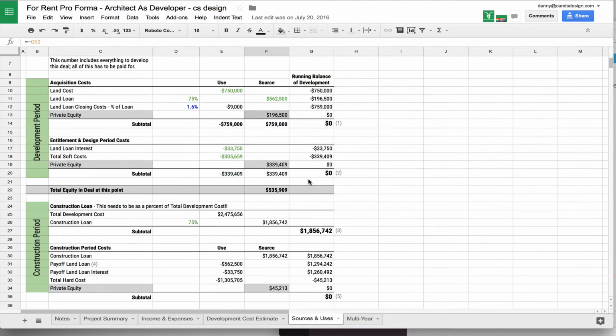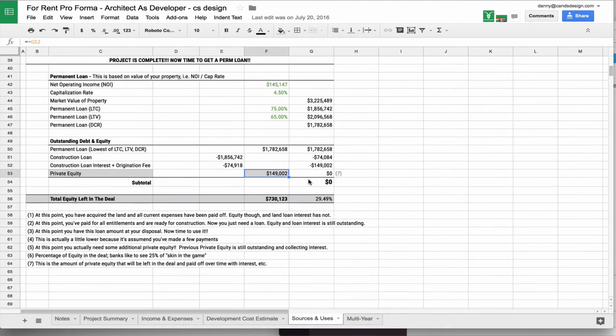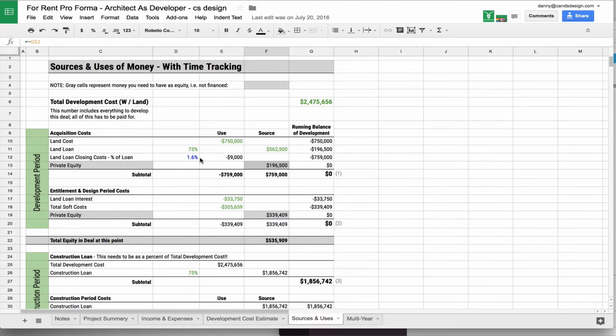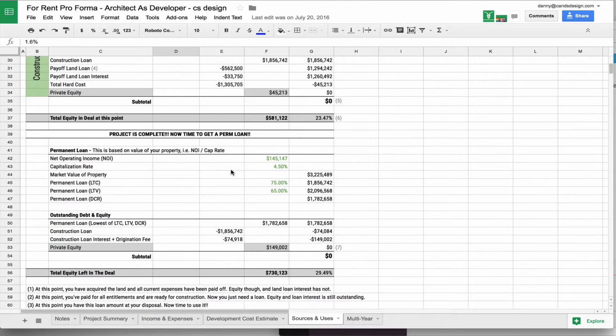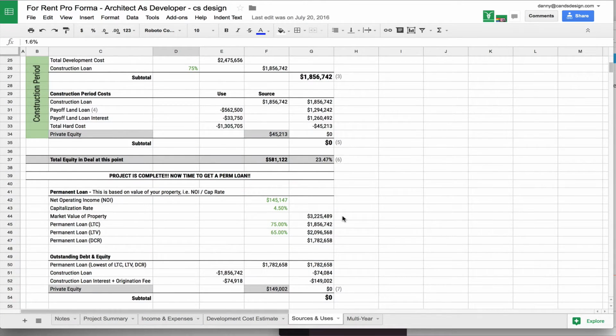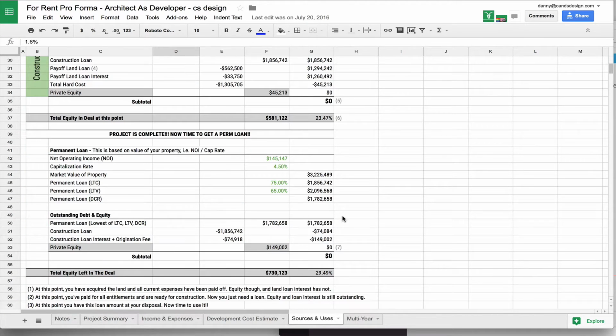Most of this is going to be calculated automatically. If you notice, there are no blue cells in here other than your originating loan percentages. All of this is just going to automatically get populated, and you can quickly see, once you've entered in the information of these other tabs, what it is you're going to need and when you're going to need it.